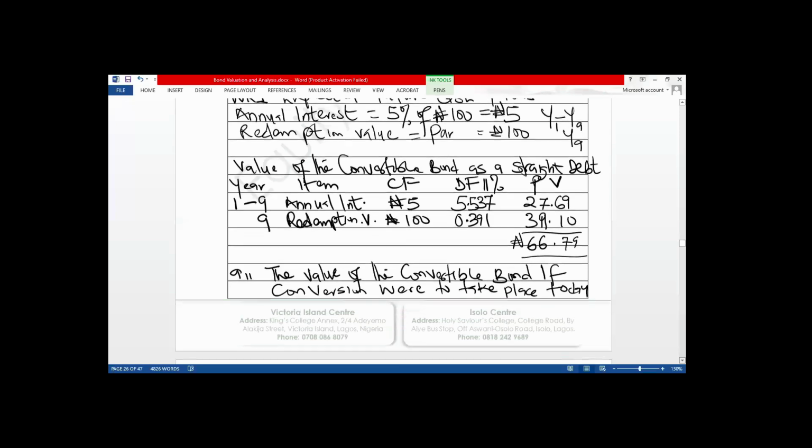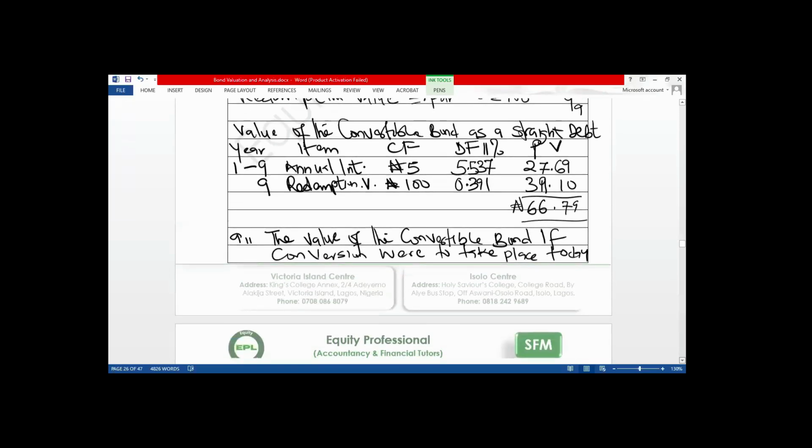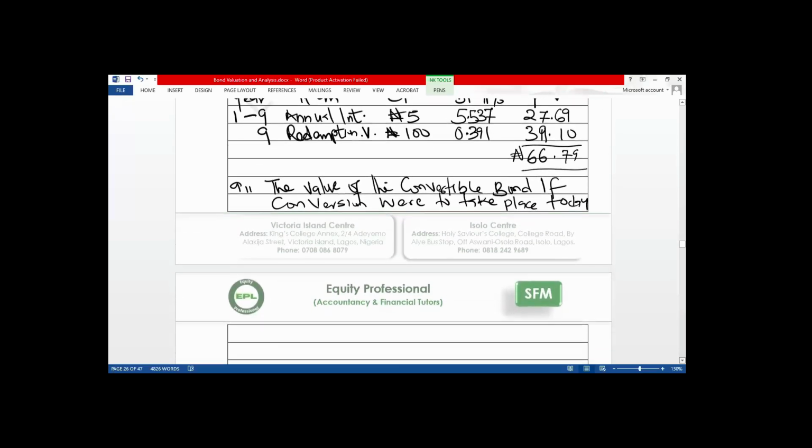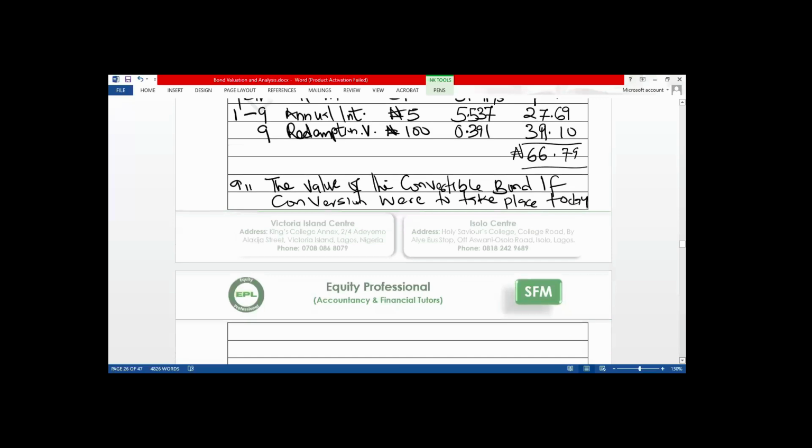If you look at the question, a bond can be converted to 40 shares. Is that not? A bond can be converted to 40 shares.